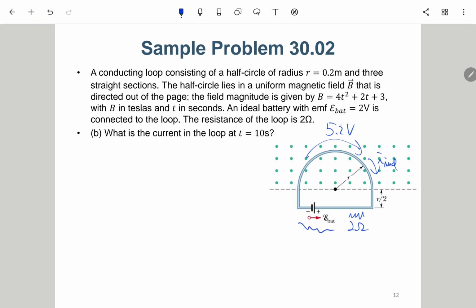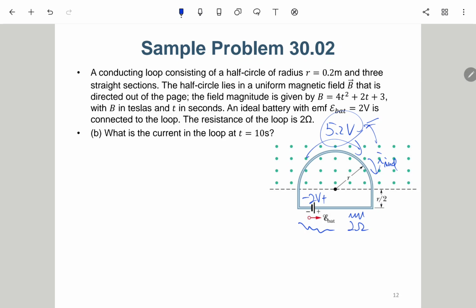We need to determine whether this 5.2 volt is added to this or subtracted by it. This is a little bit confusing because this is an EMF, this is also an EMF, but the I induced due to the induced EMF is clockwise.